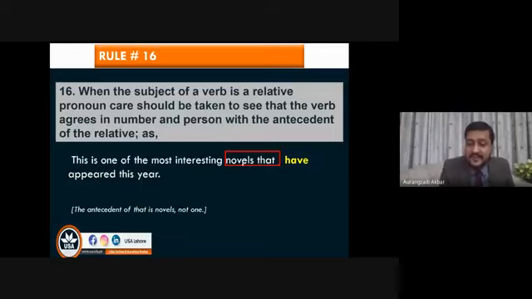So it is referring to novels, the most interesting sort of novels that have appeared this year. Then the antecedent of that is novels. The word that is basically a pronoun, and it is referring to novels that appeared this year. Therefore we have used "have".